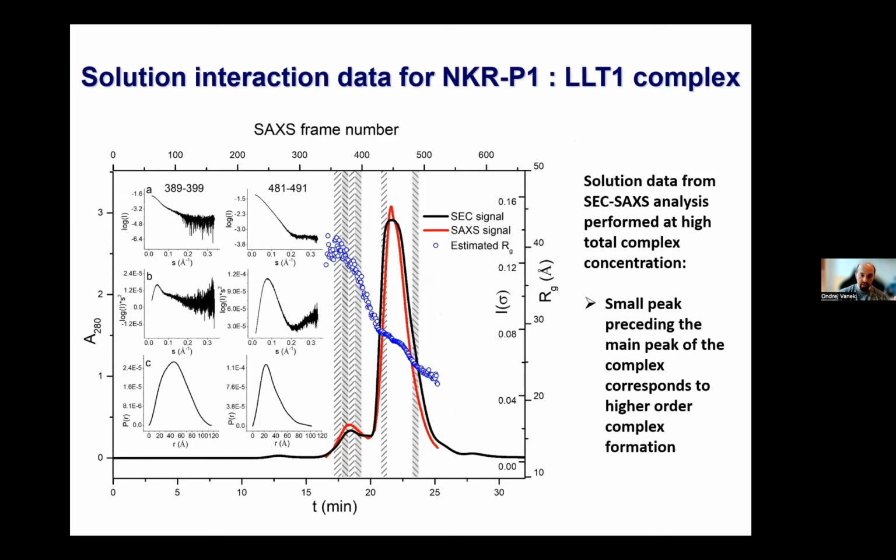Then we tried to observe this also by using small angle X-ray scattering coupled to size exclusion chromatography. So these are SEC-SAXS data collected on the Diamond synchrotron beamline. The main peak is composed of the main complex or its various states, but we were happy to see this small peak preceding the main peak.